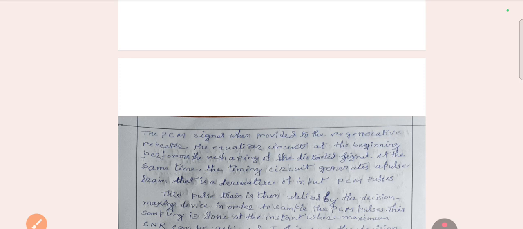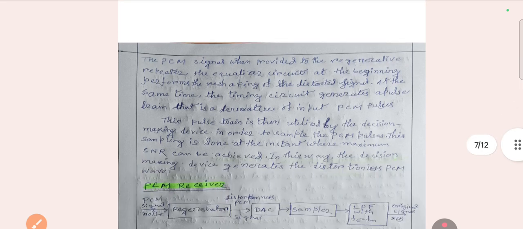At the same time, the timing circuit regenerates a pulse train that is derived from the input PCM pulse. This pulse train is then utilized by the decision-making device in order to sample the PCM pulse. In this way, the decision-making device generates the distortionless PCM wave.